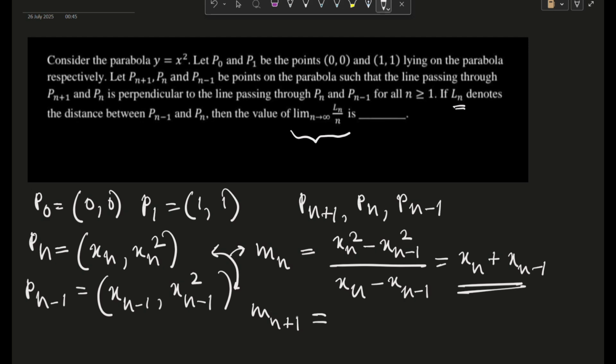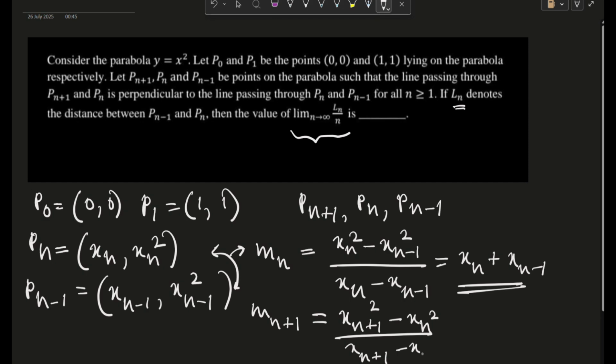After this we can also find m_(n+1). If you substitute n plus 1 in place of n, you will get P(n+1) and P_n once again. So in that case we write x_(n+1) whole square minus x_n square, whole divided by x_(n+1) minus x_n. I'm not writing that separately because it's a direct substitution in this formula.